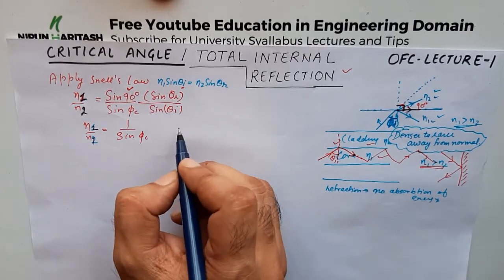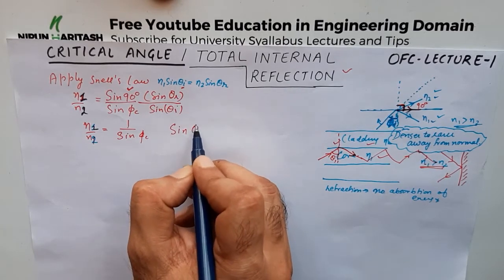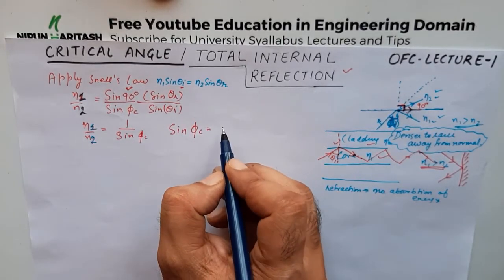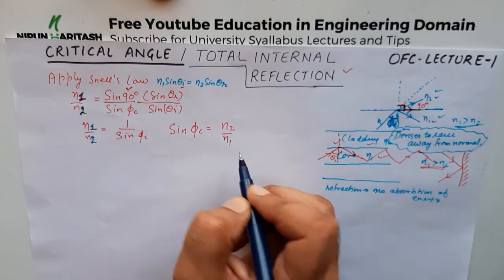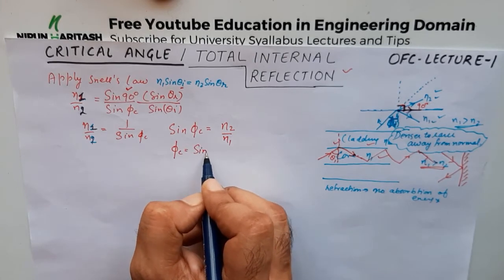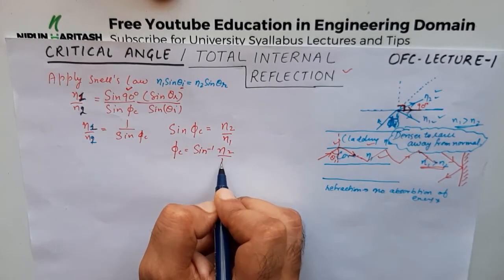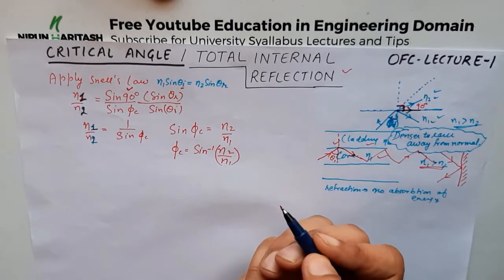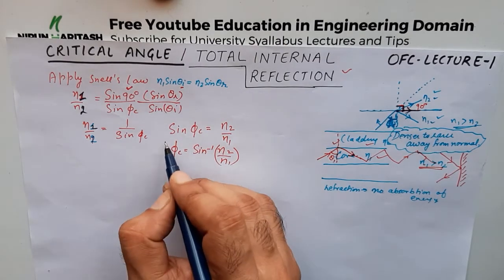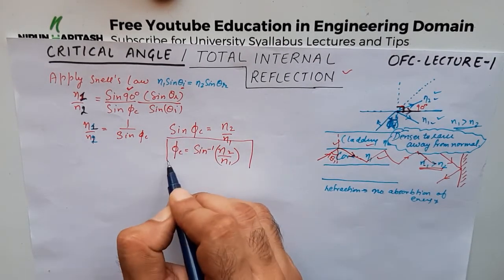So we get sine of theta c equals eta 2 upon eta 1, and the critical angle becomes sine inverse of eta 2 upon eta 1. This is a very important formula that we need to remember.